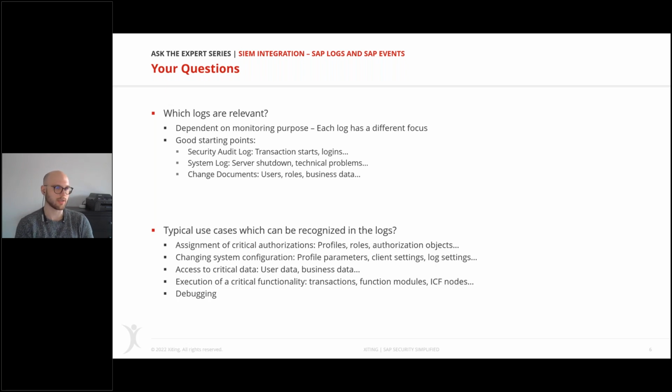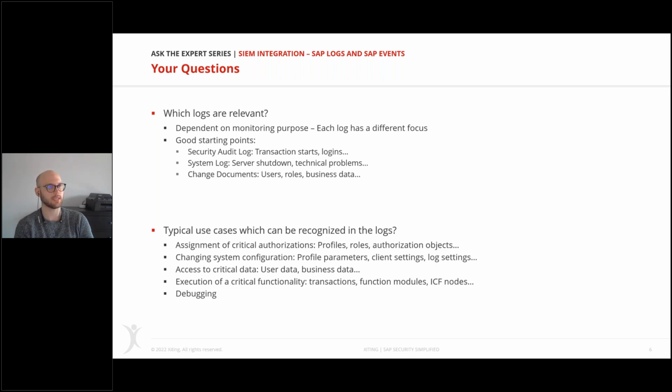Especially for the customers who have no idea and who just got the requirement from the audit that they should monitor, but don't have a requirement what exactly they should monitor, I recommend having a look at the security audit log, because the security audit log gives you already a lot, and really a lot, of useful and security relevant information which can be monitored and which you can build really useful use cases and alerts upon.